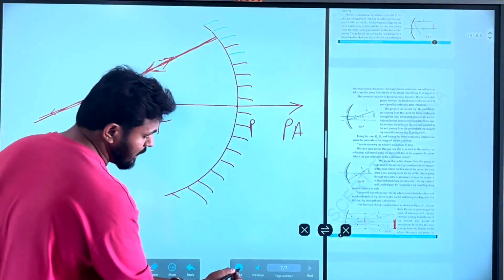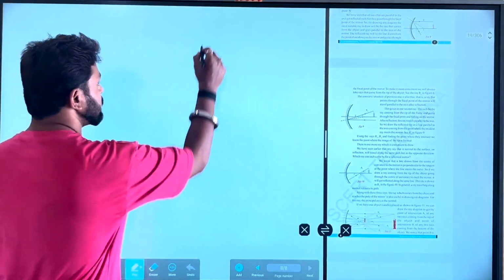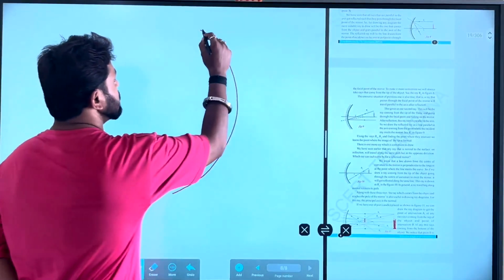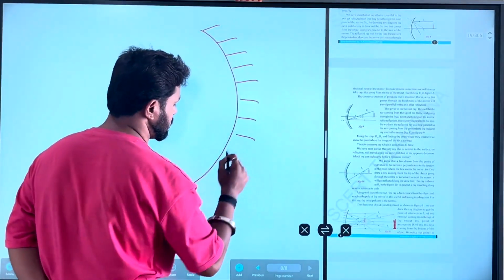Now the fourth rule that we have is this.